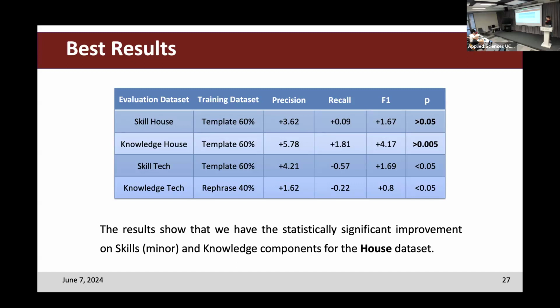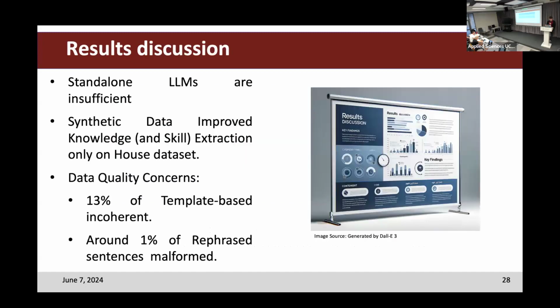As you can see, skills detection is statistically significant, but it is a minor improvement. Knowledge is better. And regarding the tech dataset, we didn't achieve any significant improvements.